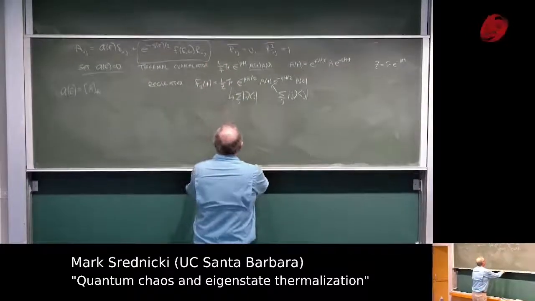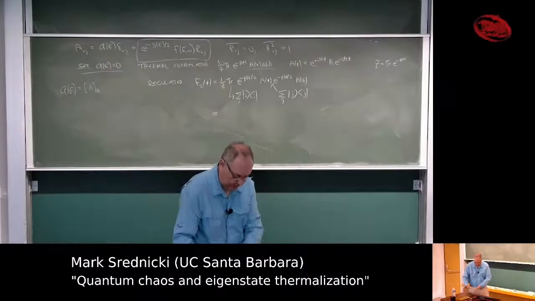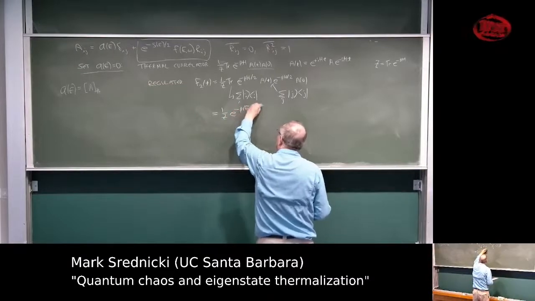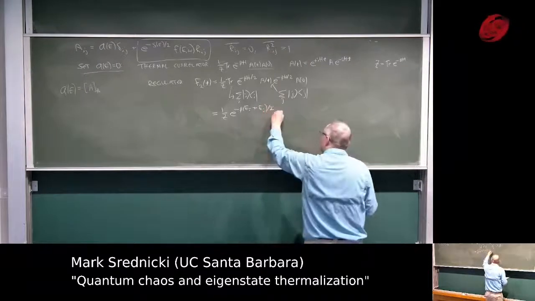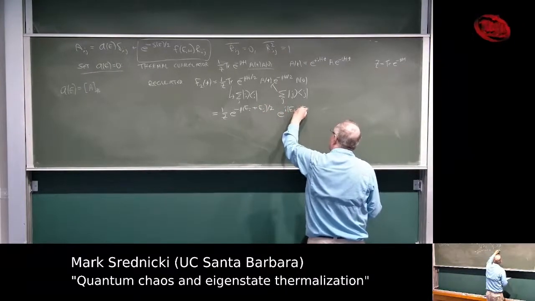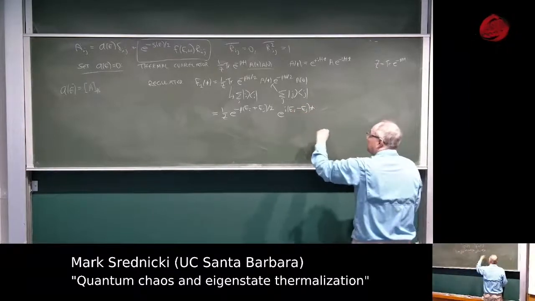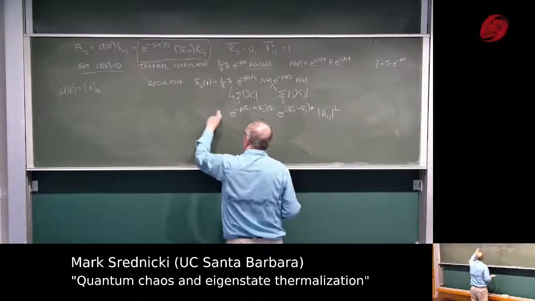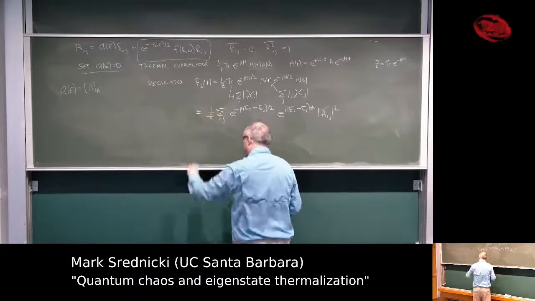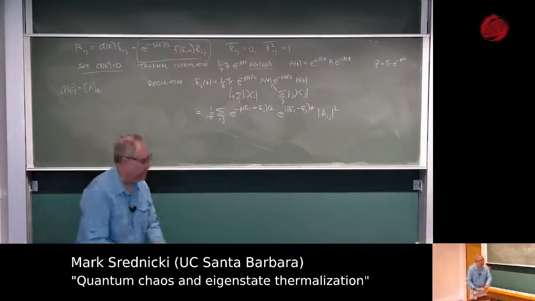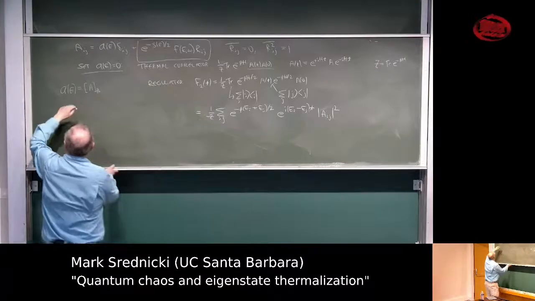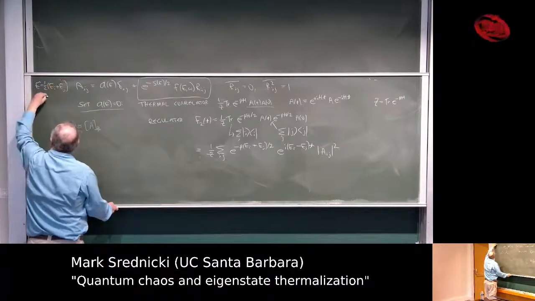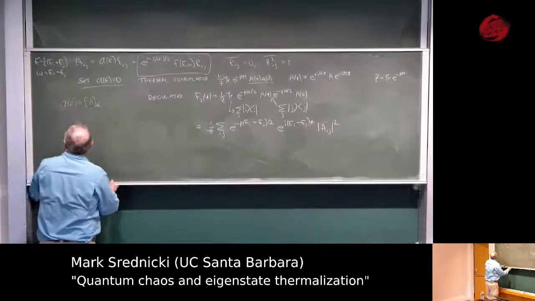And then, and I left out the sums. Okay, so we just get that, and I neglected to say up here, again, that E is the average energy, and omega is the energy difference.